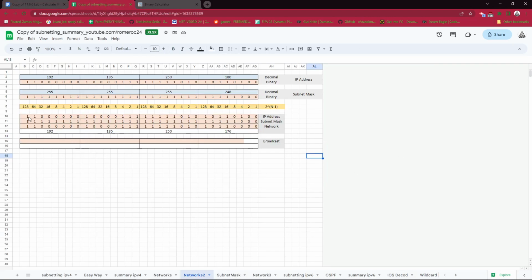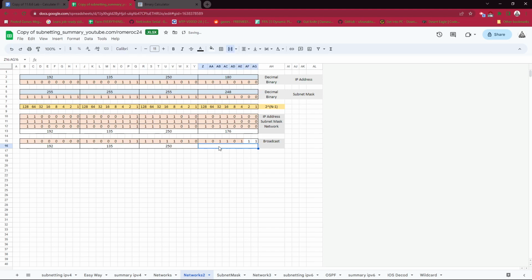Then onto this, we copy until this one. Now we copy onto this one, paste it back right here, and then we fill in the gap with 1. Then we convert it into decimal. So we get 192, 135, 250.